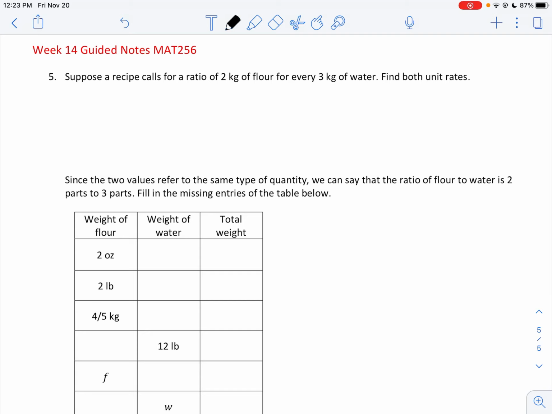Find both unit rates. Okay, let's do the unit rate. Let's just do both divisions, essentially. And this will find both unit rates. So we're going to do 2 kilograms of flour, 3 kilograms of water.